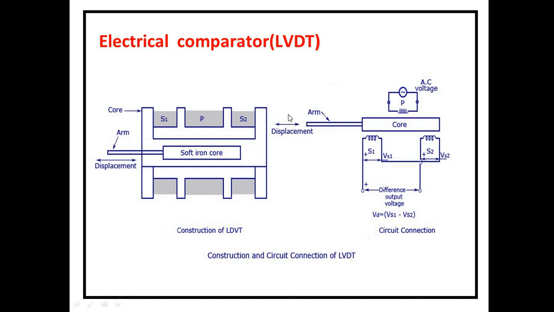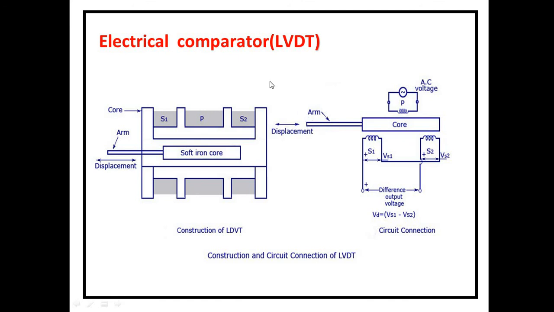The change in the input signal causes the voltage difference at the output to change, isn't it? So we can directly correlate these two values. The difference in the output voltage can be correlated with the change in the dimension.